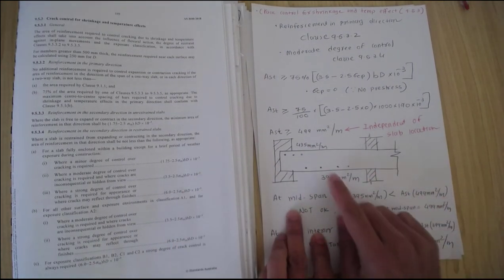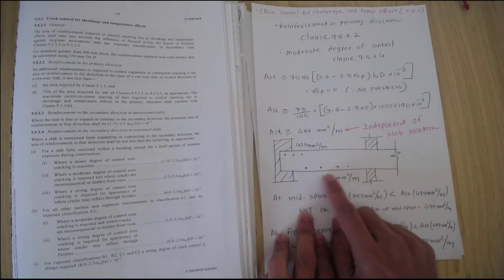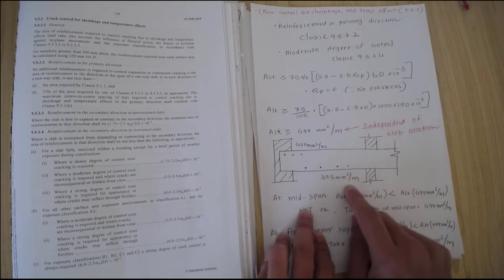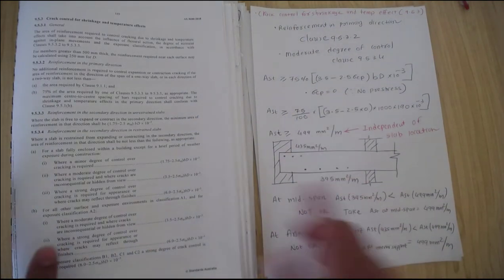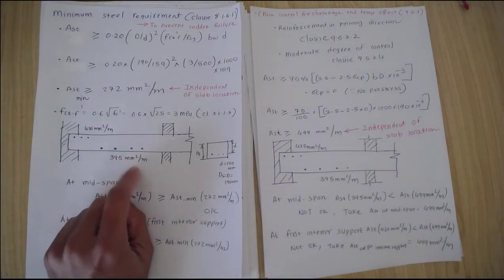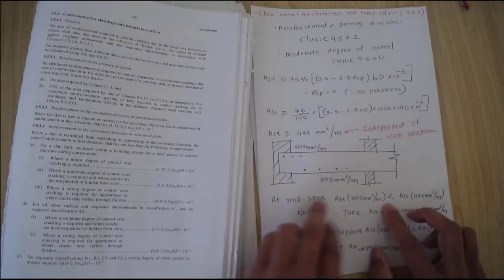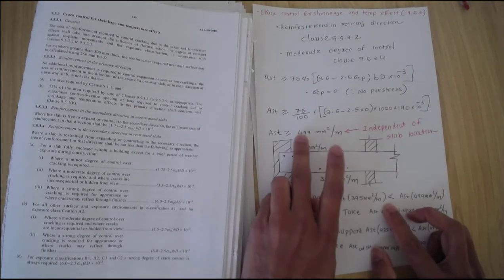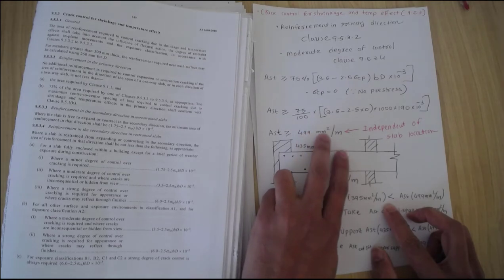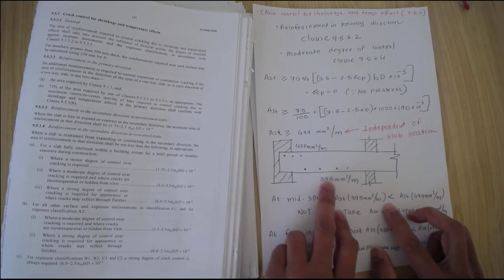So let's check. In the previous videos, we calculated the area of reinforcement at the midspan as 395 millimeters square per meter, and it passed the minimum reinforcement requirement. But when I compare against 499, the standard says you must provide 499 millimeters square per meter, while our bending resistance calculation indicates 395.